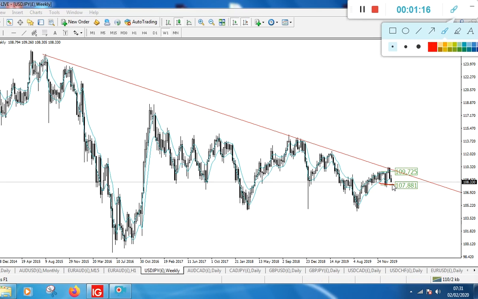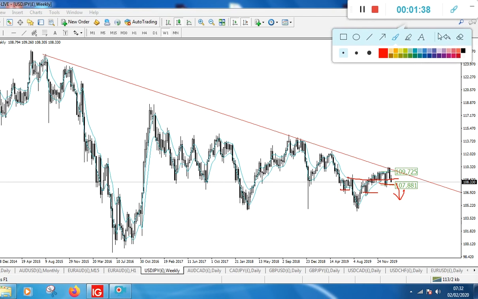Hopefully it will bounce a bit, maybe down here, and then I'll be looking to short sides. Probably the next target could be this one, or even this actually. Let me just get rid of them and see.